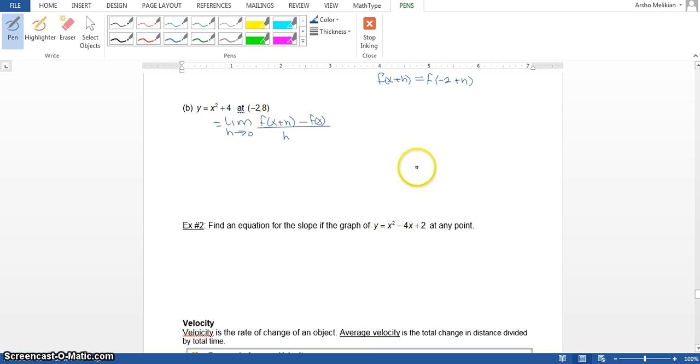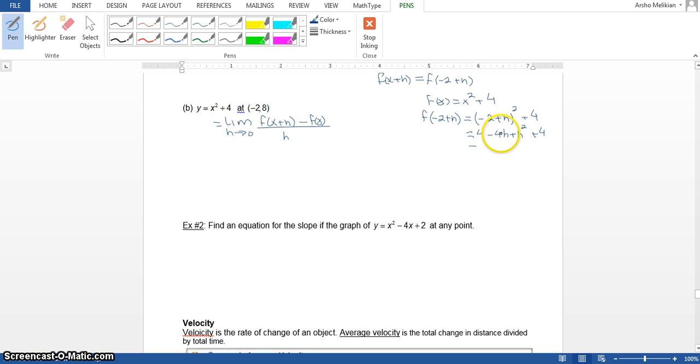So let's see what negative 2 plus h is. If f of x is x squared plus 4, then f of negative 2 plus h is negative 2 plus h squared plus 4. That'll be 4 minus 4h plus h squared plus 4. Okay?